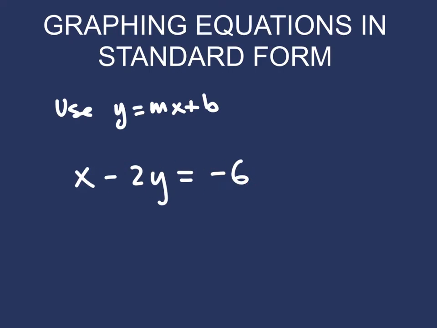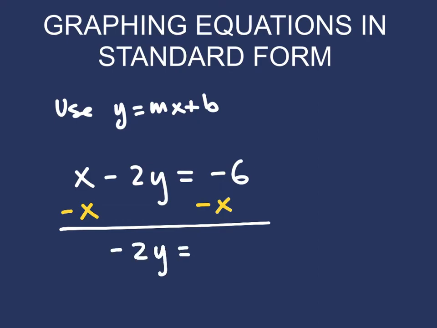So we can solve this equation for y. I would subtract x from both sides, and I would write our equation then as -2y is equal to -x and then -6. The next step, I would divide everything by -2.